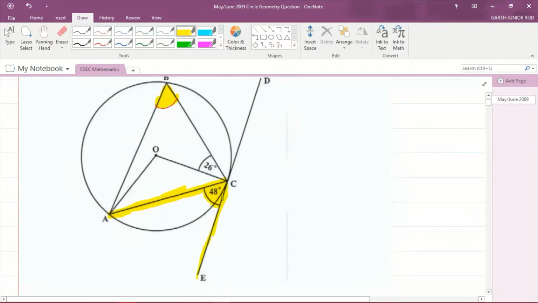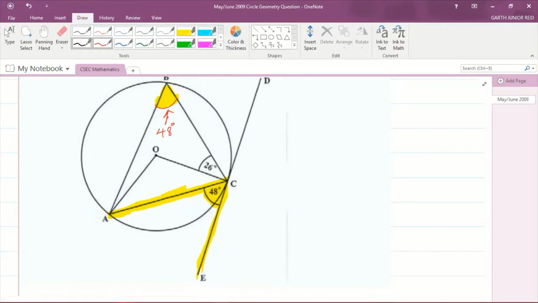There's a theorem which says that the angle between the tangent and the chord is equal to the angle in the opposite segment. So it means that this angle here is actually 48 degrees.